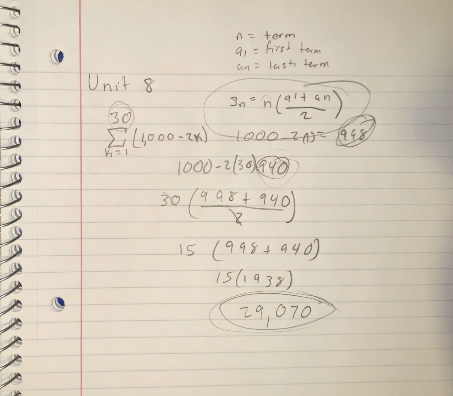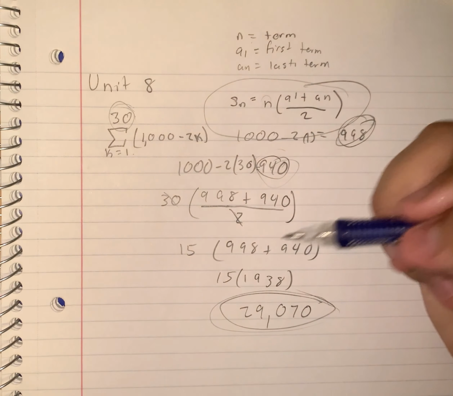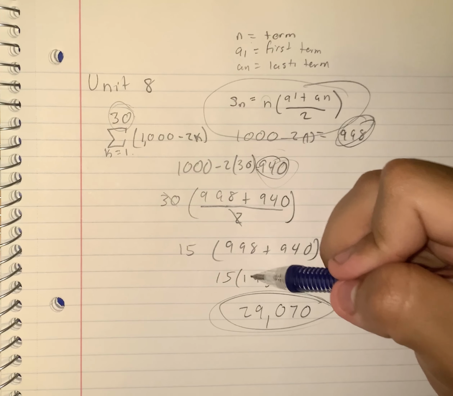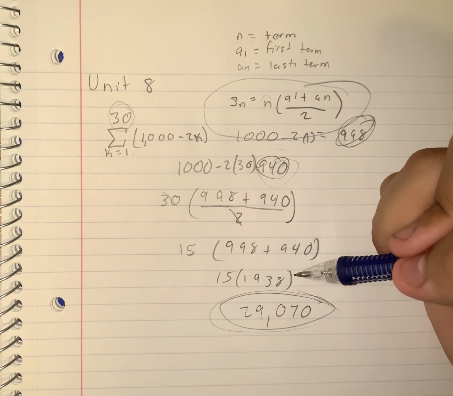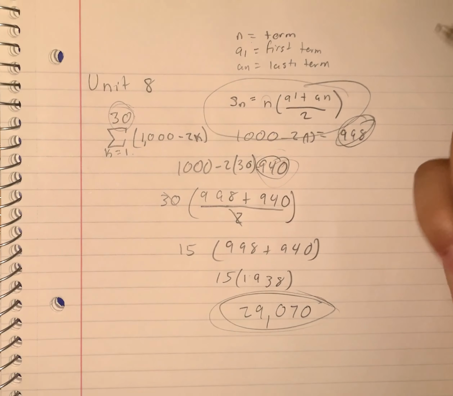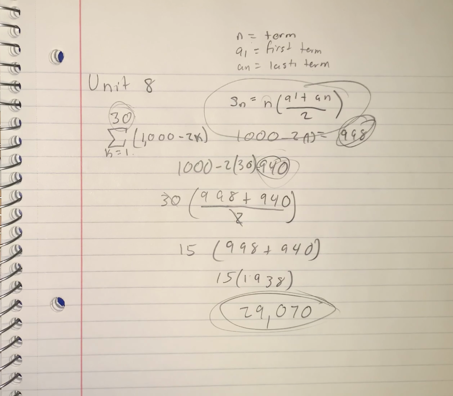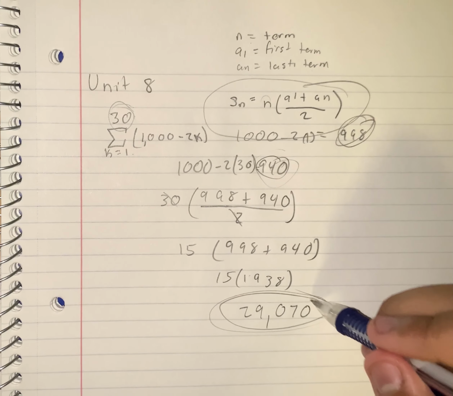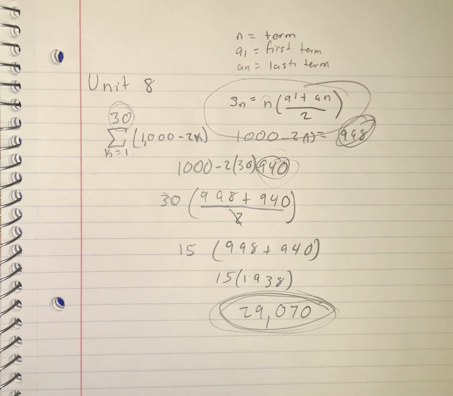So I just did this. Cancel out the 2, and I got 15. What's half of 30? 15, obviously. Then I just added this and got 1,938 times 15. So what do we get? 29,070. And this right here, ladies and gentlemen, the meaning of that answer is that it's the sum of all the numbers from the first term to the 30th term.